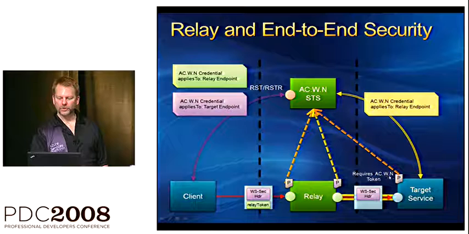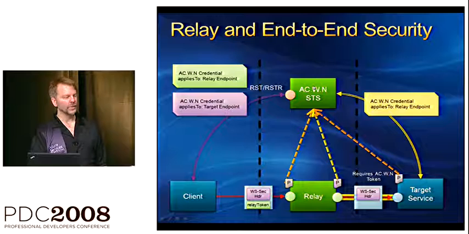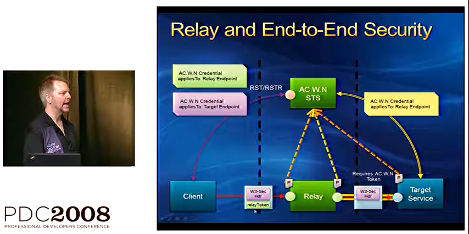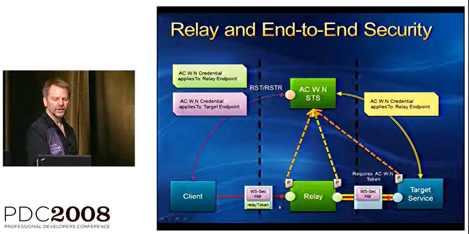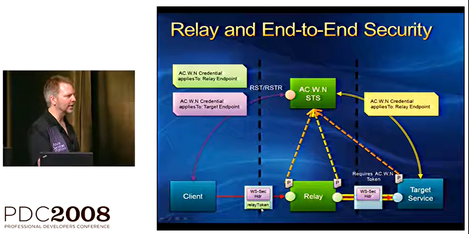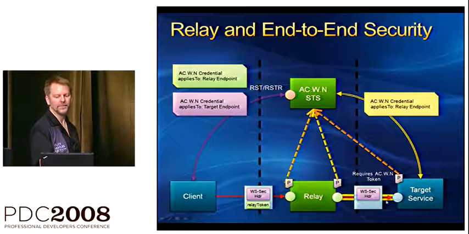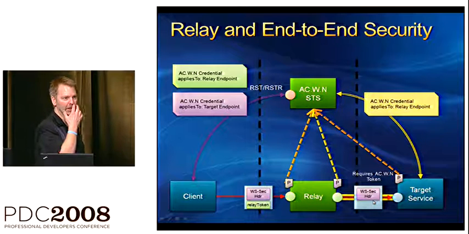And what that will do is cause the client, after it reads this policy, to acquire a token from the access control service, and it can attach its own WS security header for the end-to-end pieces. The relay will pick off the relay token, and then it will transmit the message through with the end-to-end security.